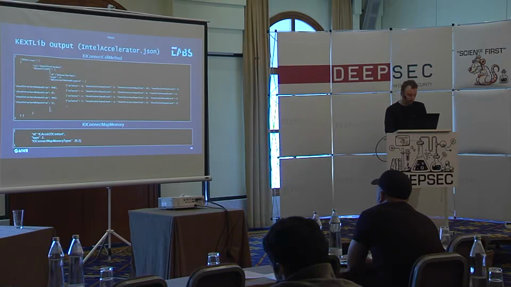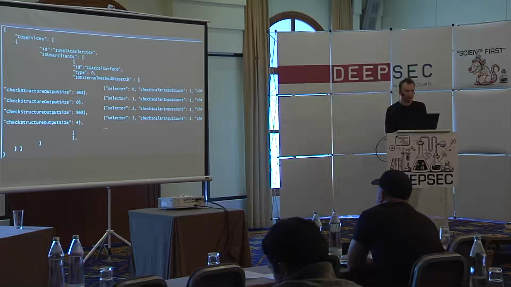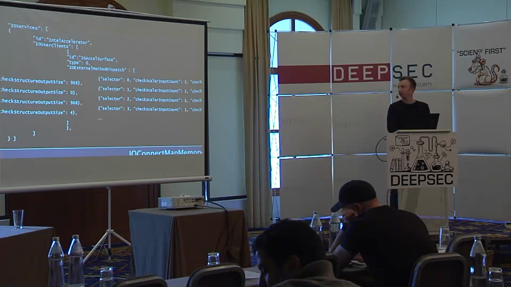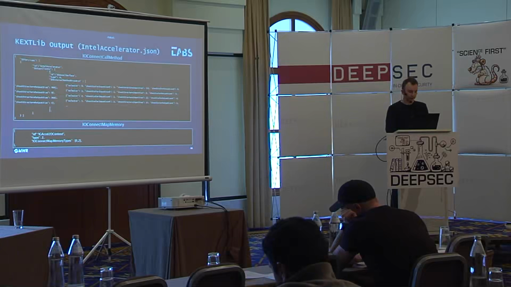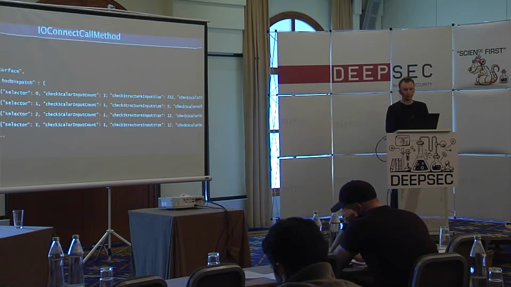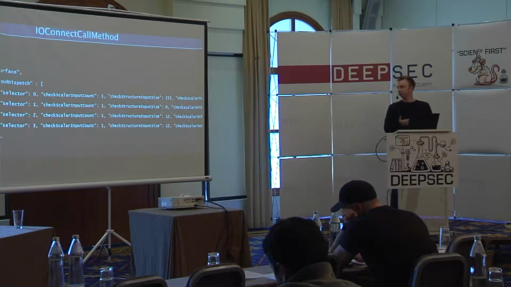So what does this look like then? Essentially, this is an Intel accelerator driver converted to JSON, and then you would have all the user clients within the device driver. Then you would have all the selector numbers and input and output sizes. Because if you're dumb fuzzing and you just throw random input and output sizes, then the function's just going to reject your input straight away.